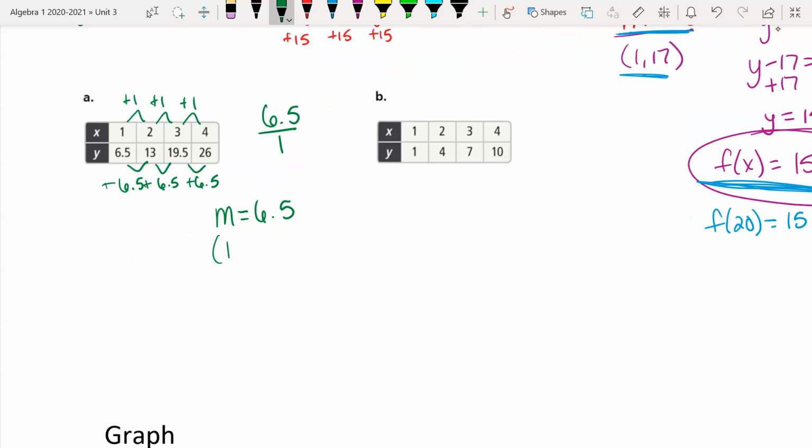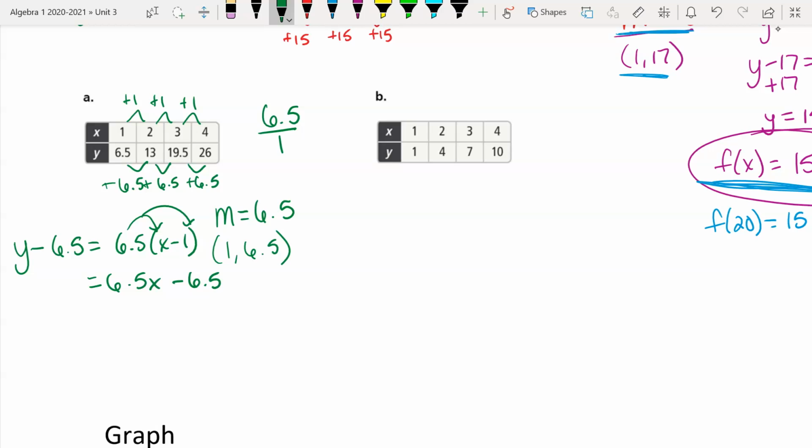Now if we use a point, we can write an equation. Distribute. Notice my y-intercept is going to be 0, so I don't have to write anything at the end.